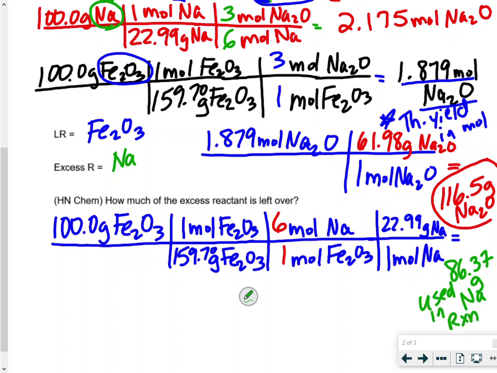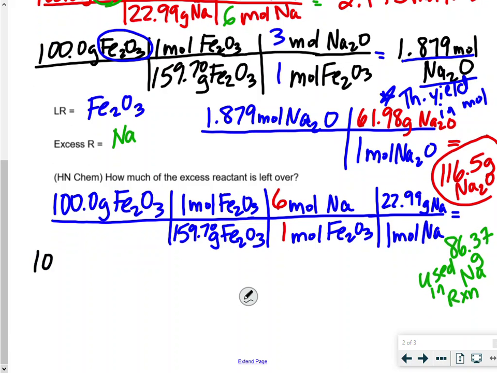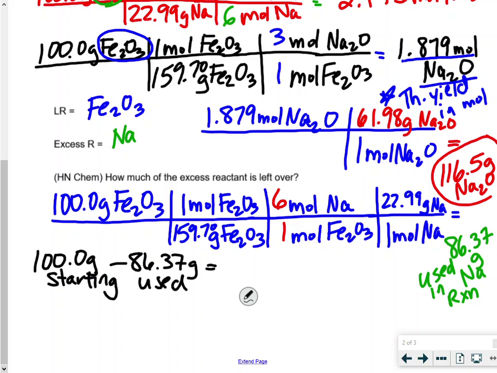Now, what was the original amount of the sodium? We started with 100 grams. This was the starting amount. We're going to subtract out the 86.37 grams. This was what was used. And then we're going to get our amount left over.